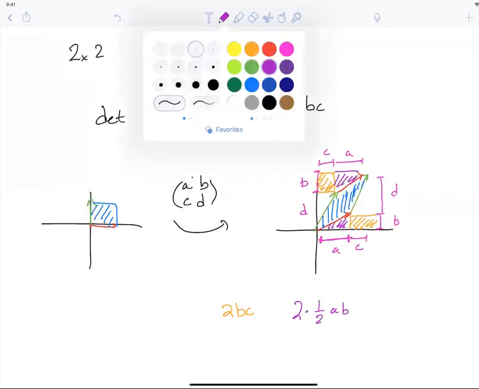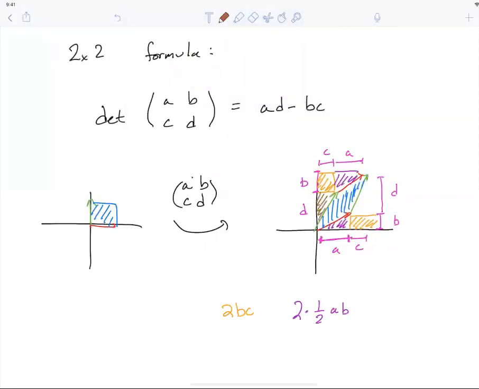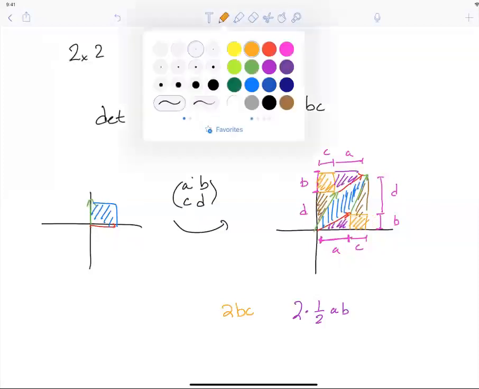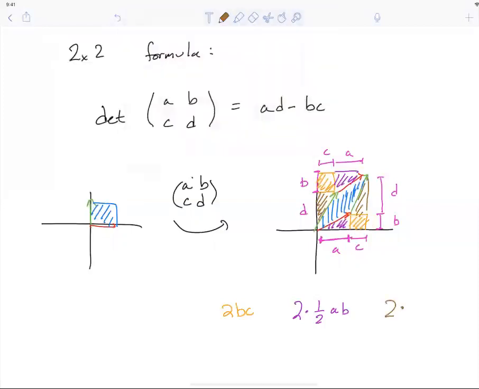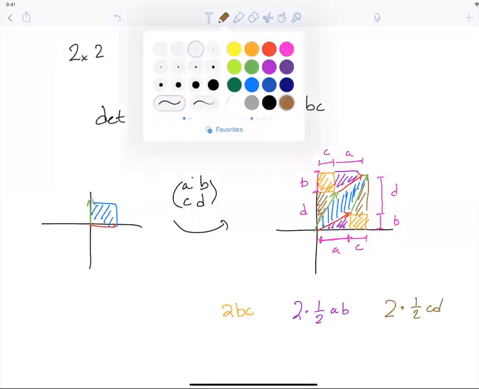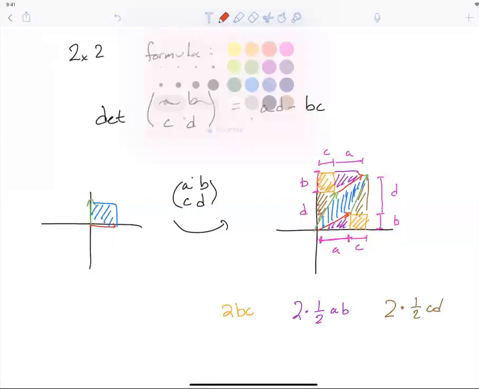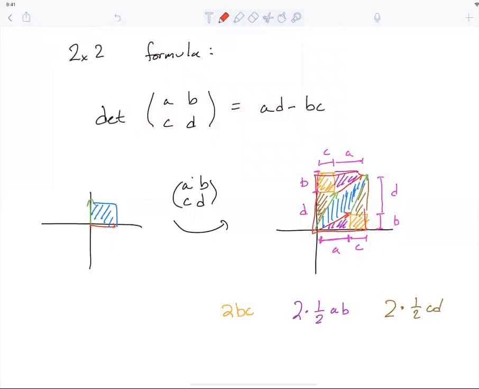And then also we're going to have these triangles right here. I made that one a little too big. That's going to give us 2 times 1/2 CD. And the whole square right here is going to be A plus C times B plus D.